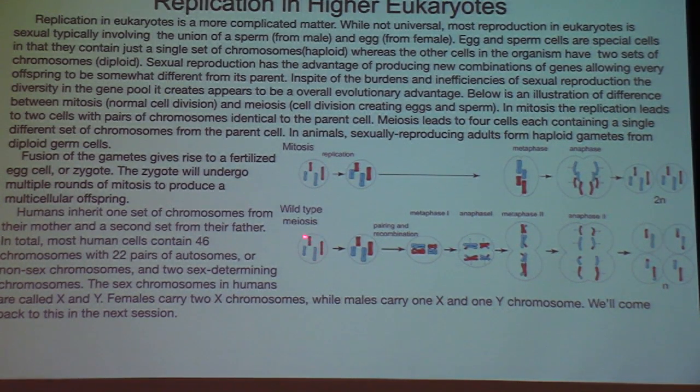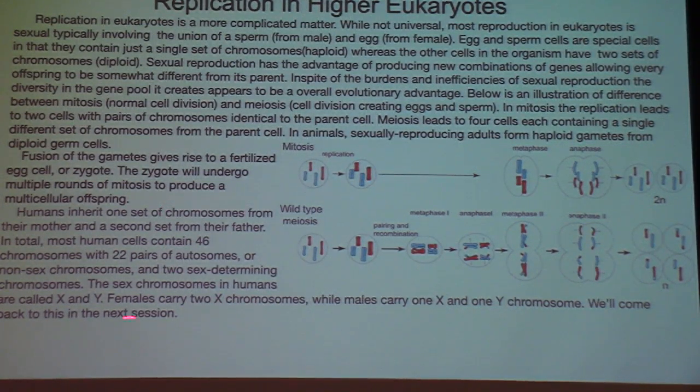These should not be just taken as the numbers. There are many of these chromosomes in the case of a human. There would be a total of 46. 22 pairs of them are autosomes, or non-sex chromosomes, and there are 2 sex-determining chromosomes, as written here.